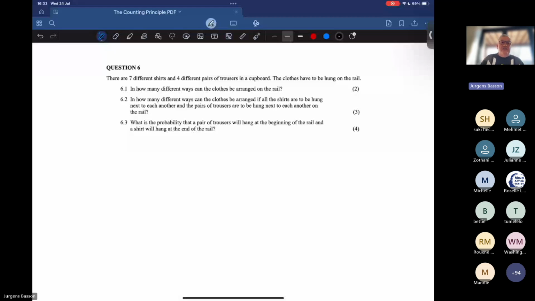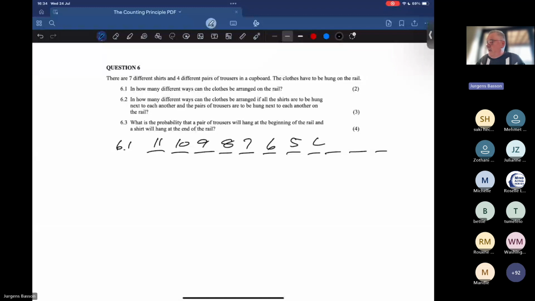You see the wording of the first question. It's not about shirts, it's not about trousers, it's about clothing items. So 6.1, very clear, there are 11 clothing items, and you go 11, 10, 9, 8, 7, 6, 5, 4, 3, 2, 1, which will give you 11 factorial.